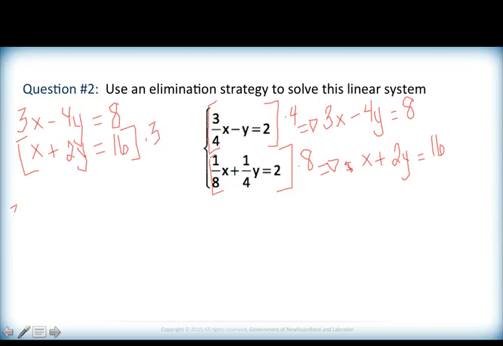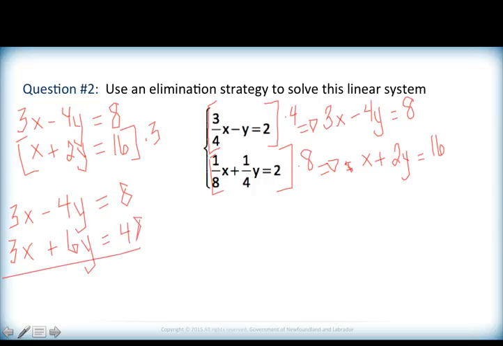So we're going to have the top equation to be the same, 3x subtract 4y, which equals 8. And my bottom equation is now going to become 3x plus 6y, which equals 48.